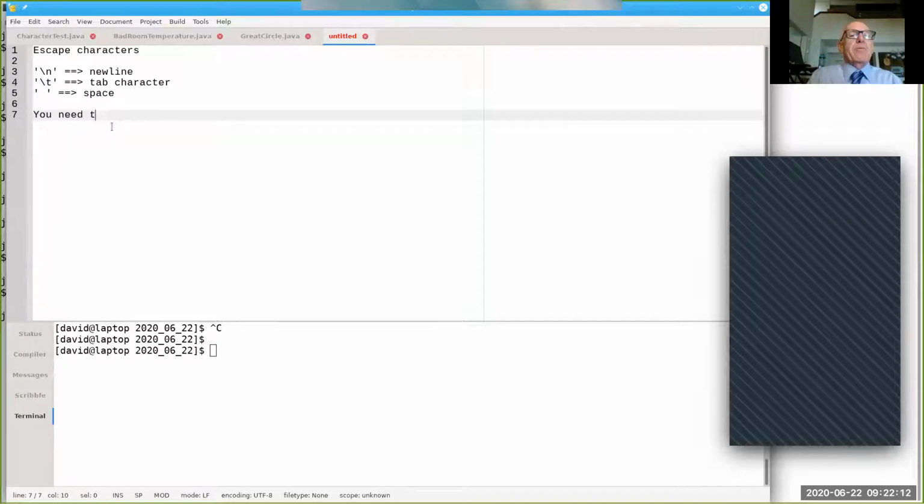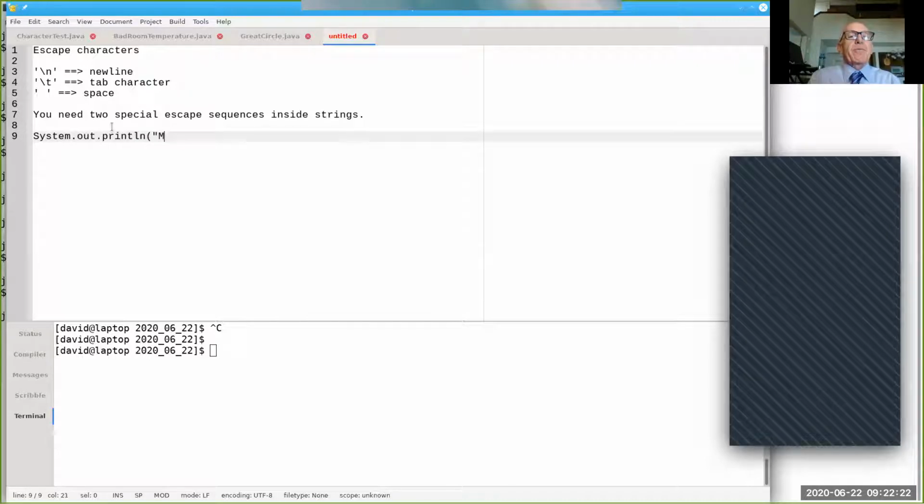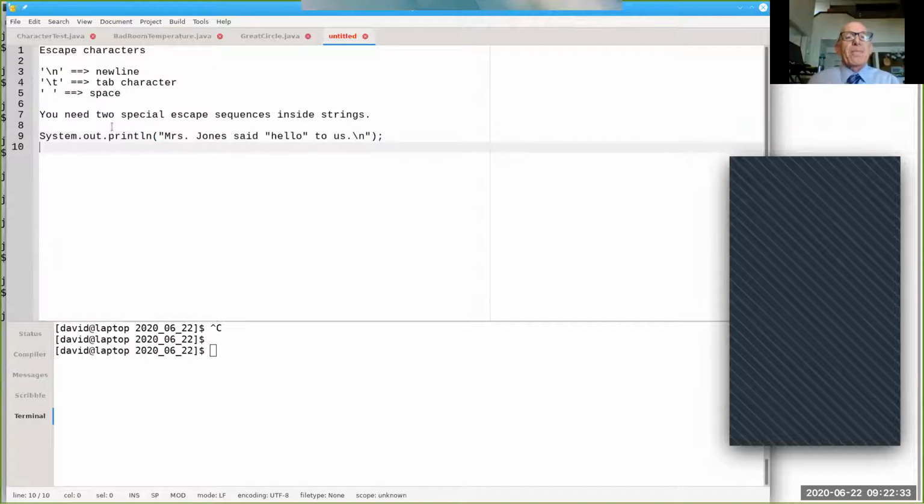You need two special escape sequences inside strings. For example, what if I want to do something like this? System.out.println("Mrs. Jones said "hello" to us.") I don't need the new line, because I'm already doing println. This is going to cause an enormous problem.